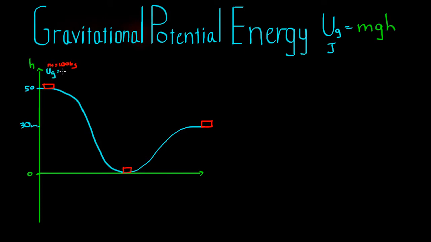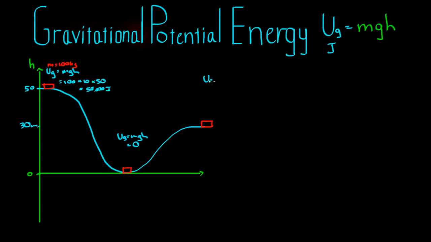UG equals mgh, which equals 100 times 10 times 50, which equals 50,000 joules. At the bottom here, UG equals mgh. Since h equals 0, the gravitational potential energy also equals 0.